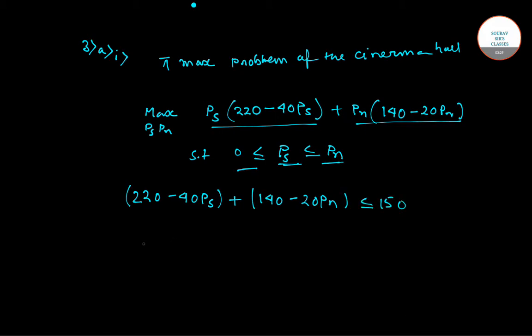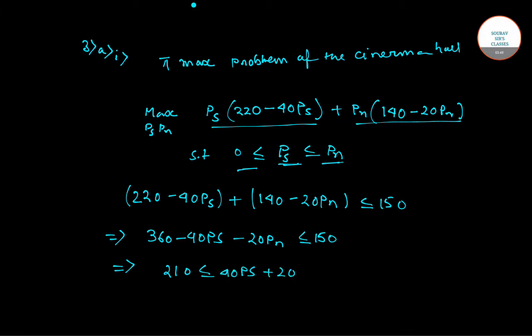Now from here we can simply write 360 minus 40 PS minus 20 PN is less than 150, which gives 210 less than 40 PS plus 20 PN.